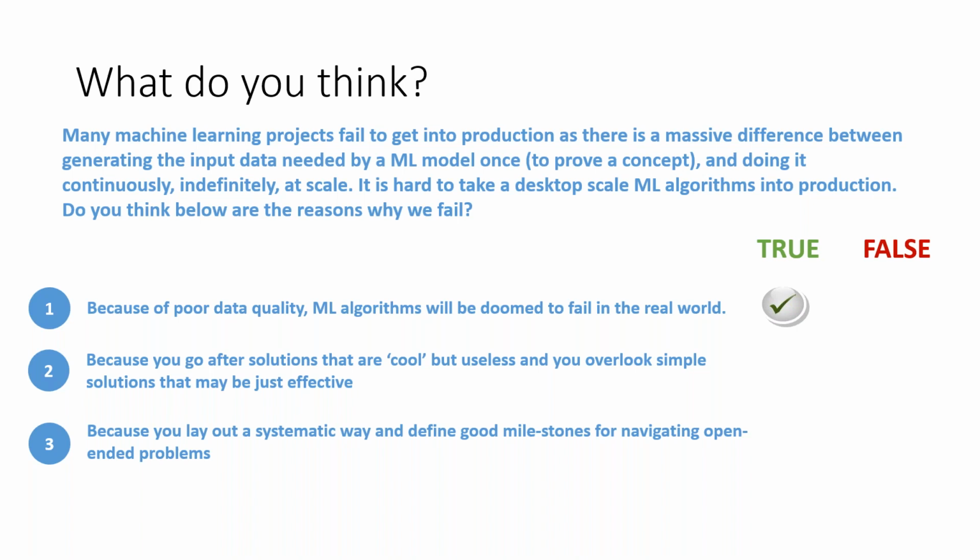The second point I'm making is, because you are going after solutions that are cool but useless, and you overlook simple solutions that may be just as effective, that is why you may fail. True. What I'm saying is, there is a problem that can be solved by a simple traditional software model, but nowadays people are fancied by this cool technology called machine learning, AI, because everyone is talking about it, it's popular. So we convert every problem into a machine learning problem and then screw up that solution.